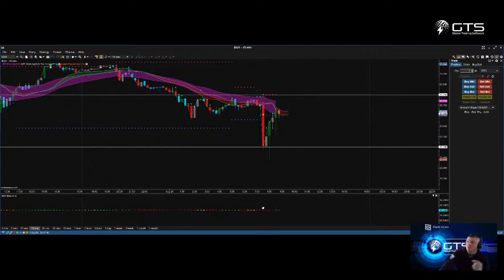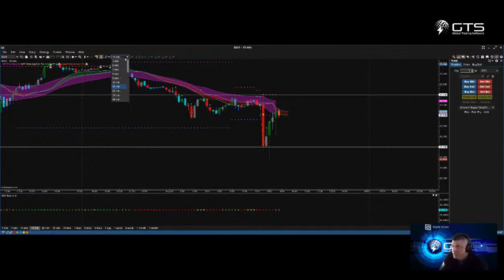When it goes from red to neutral, that means the market outlook, based on the buy and sell volume inside of each candle, is starting to go towards the bullish side of things, right?